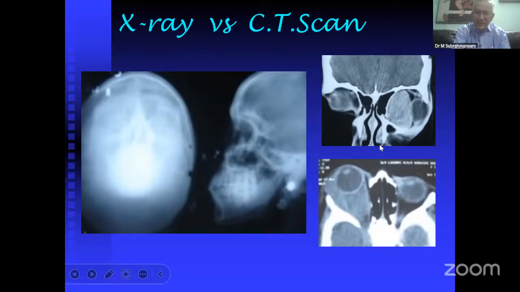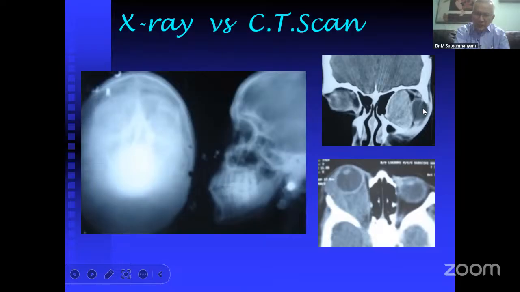Whereas in a CT scan, what are you able to see? You are able to see a mass which is solid, uniform, hyperdense when compared to the brain, with very clear-cut margins. And you can see that this bone is bowing, that is called excavation. That means it is a long-standing one.